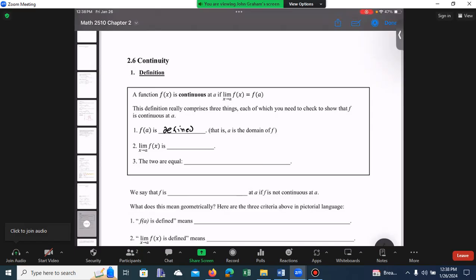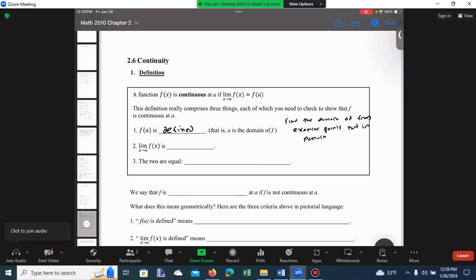So one thing you want to do is find the domain of f of x and look at points that are not in the domain. That is a huge indicator that those points have discontinuities.